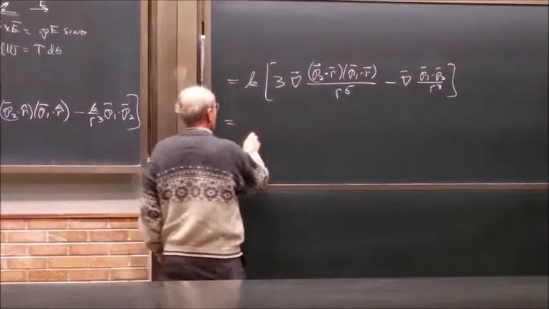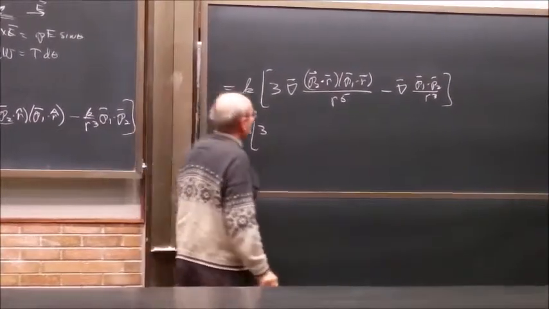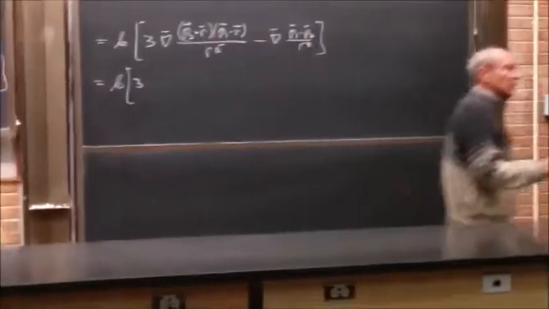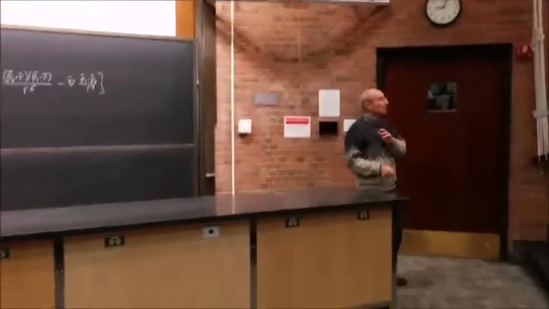Okay, so now we know that the gradient of the product of 2 scalars is the gradient of the first times the second plus the first times the gradient of the second.